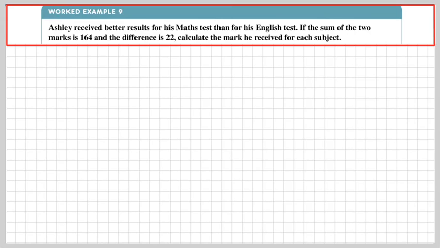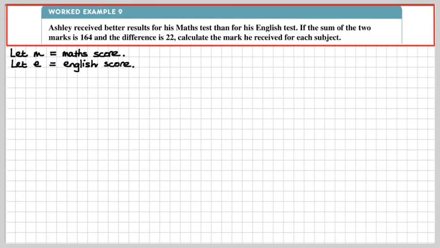That's your very first job. So I said let M be the maths score. That sounds pretty logical, doesn't it? And then let E be the English score. Now you can use anything else as long as you don't get confused. You wouldn't go calling E the maths score and M the English score, then you get thoroughly confused, wouldn't you?